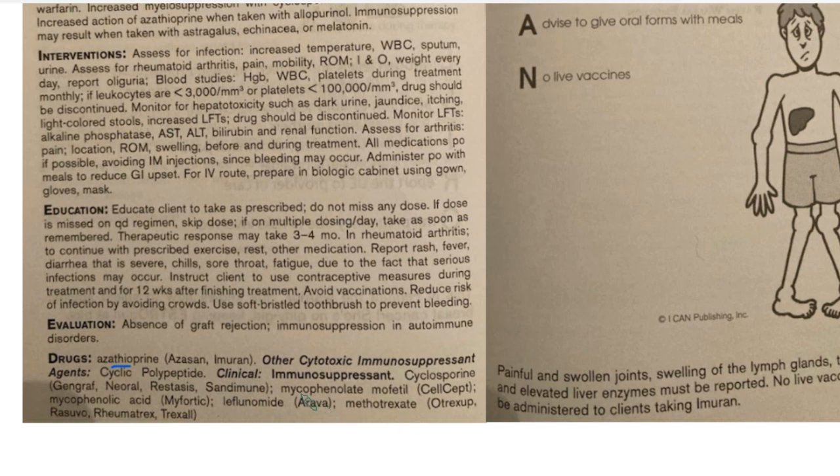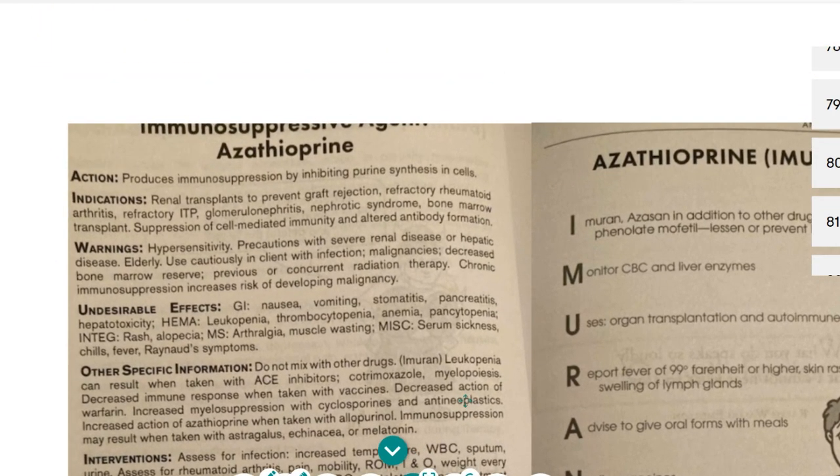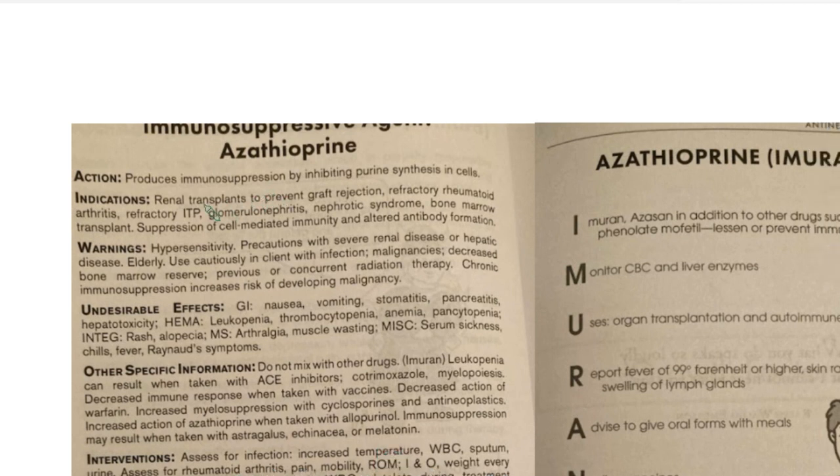I remember having patients on Neoral, which is cyclosporine, mycophenolate, and there's methotrexate. Now, these meds do have multiple indications. Not all of them are used for renal transplant to prevent a graft rejection, but here is an indication. It could also be used for autoimmune disorders like rheumatoid arthritis, suppression of cell-mediated immunity, and altered antibody formation.